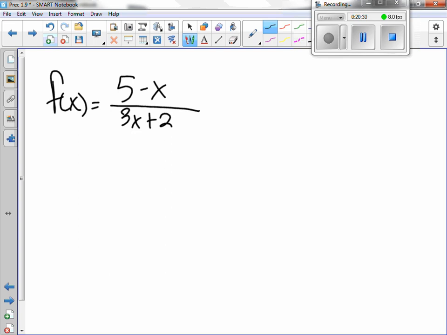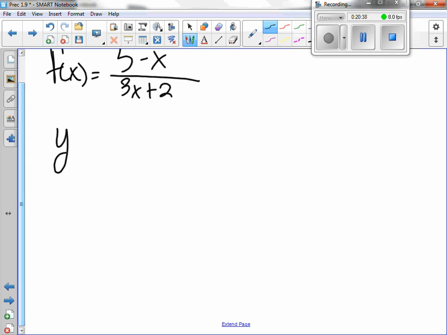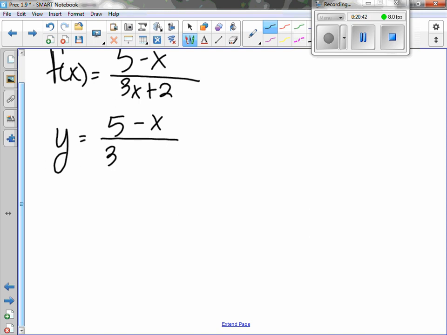I want to show you this because this one's harder to work because there's more than one x, yes? So the steps don't change because we rewrite it as y equals 5 minus x over 3x plus 2.